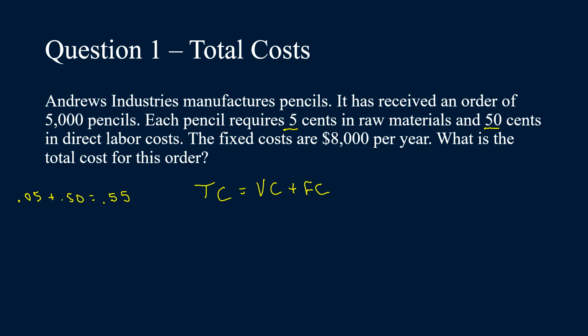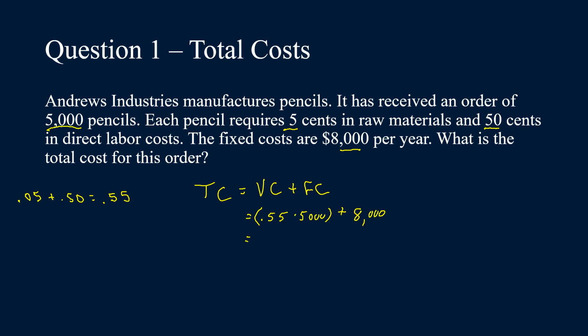So our variable cost is going to be 0.55 times, and we're making 5,000 pencils, so that's going to be times 5,000. And then we simply add the fixed costs, and the fixed costs are $8,000 per year. So we have 8,000.